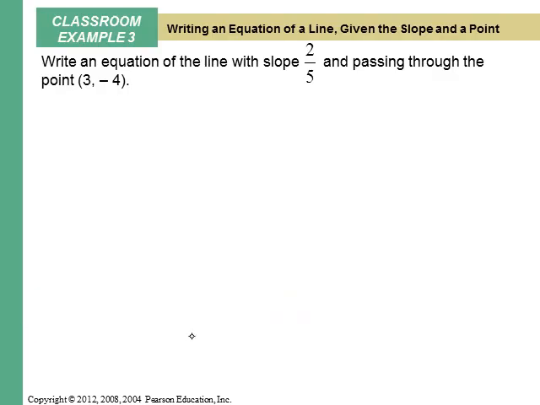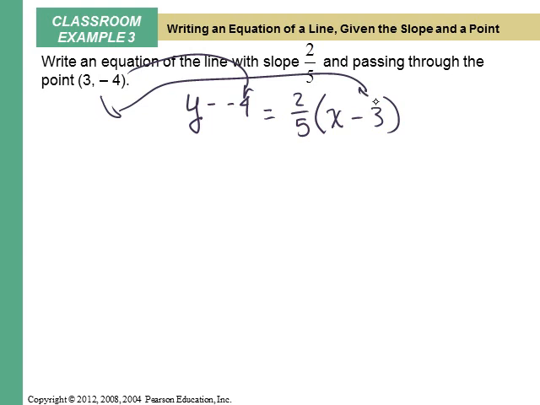Find the equation of a line with a slope of 2/5 passing through the point 3, negative 4. So here's the way they tell you to do it. Y minus negative 4, we substitute this in here, equals 2/5 times x minus 3. Put the 3 in here. So multiply this out.